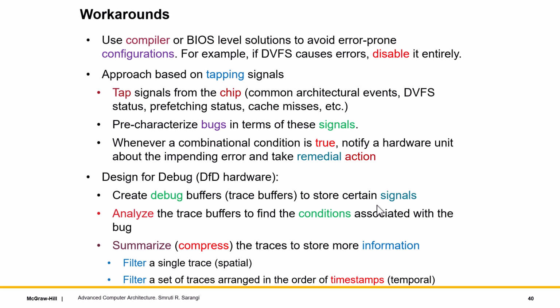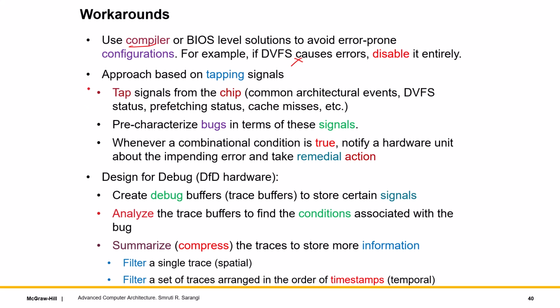Without that, it'll be hard to avoid those conditions, right? So somewhere some compromise is needed. If certain instruction combinations are the issue, as we just saw, then compiler level solutions will help. If, let's say, prefetching or DVFS is the issue, BIOS level solutions will help. So for example, stop DVFS, disable it entirely.